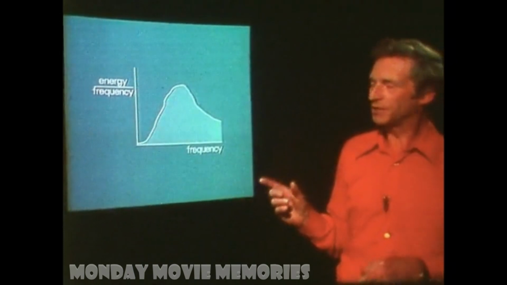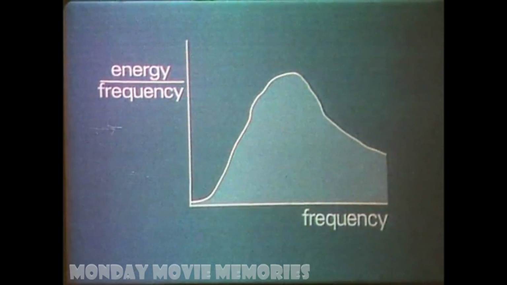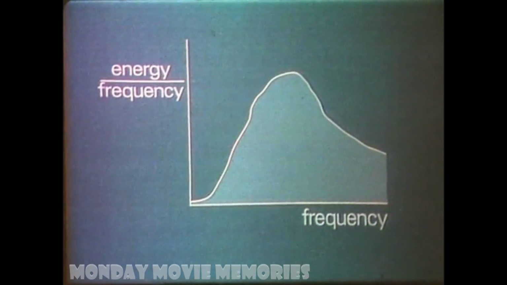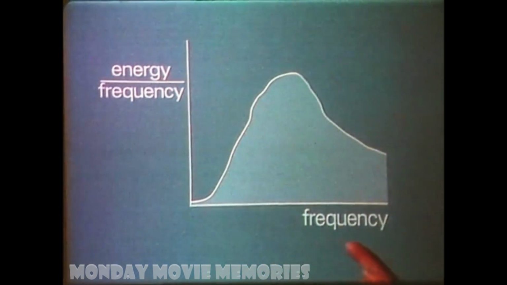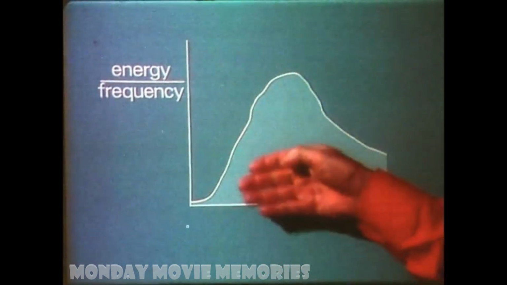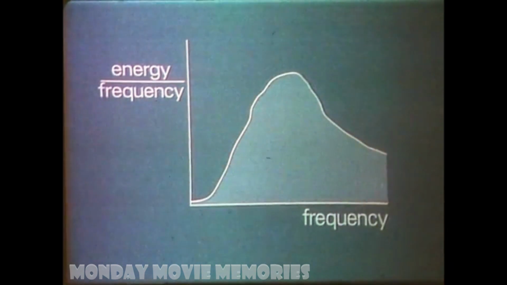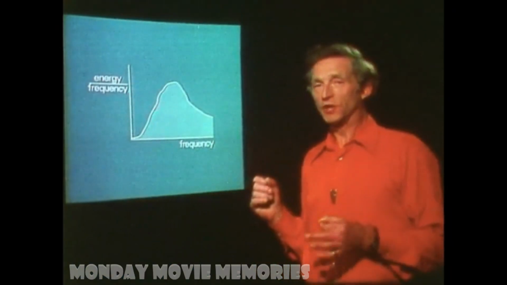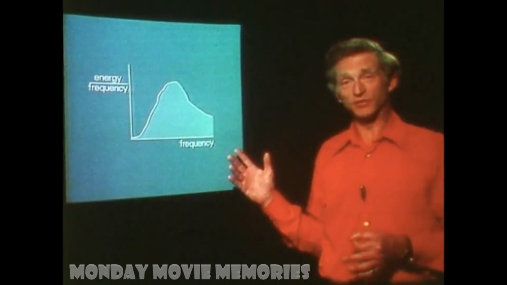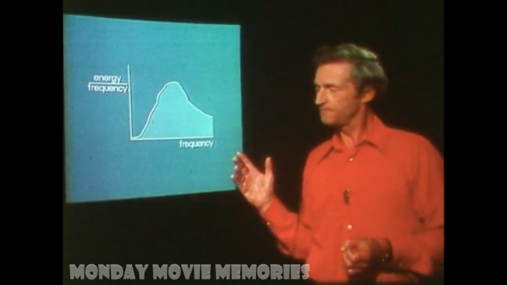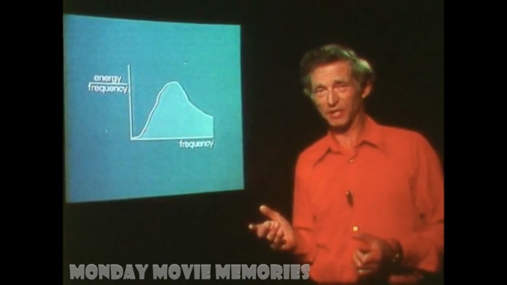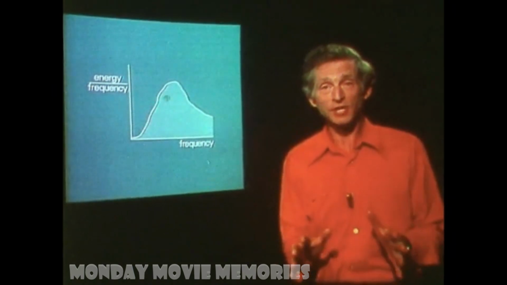I want you to realize what it is that's being plotted. You've got energy over frequency plotted against frequency. And so the area under the curve represents the total energy carried by the waves. So here's how we can represent the energy of the sea surface after analyzing the real wave groups into their components.